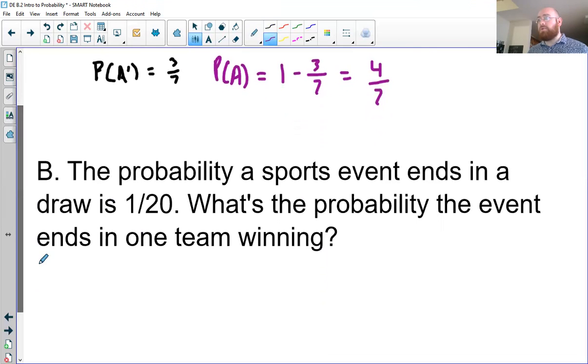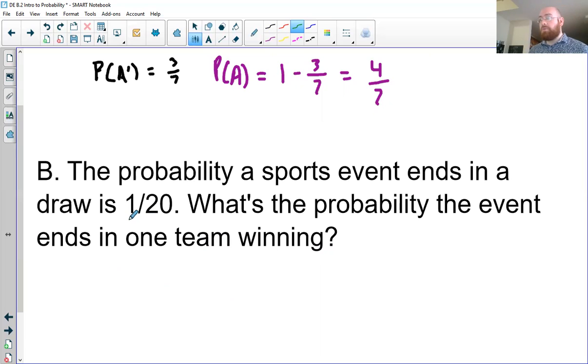For this second example, we are told that the probability a sports event ends in a draw is 1 in 20. What's the probability the event ends in one team winning? Well, if one team wins, that means the other team loses. So this and getting a draw are in fact complements.